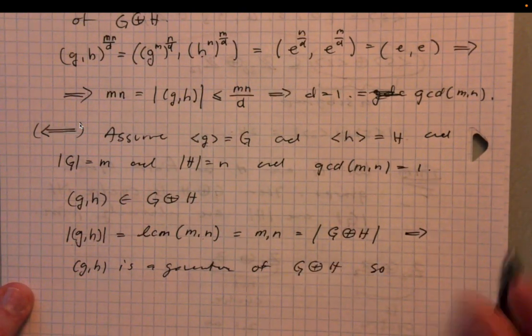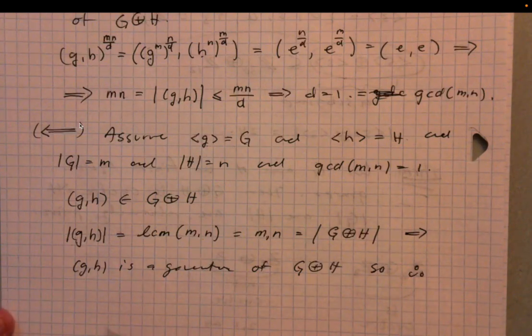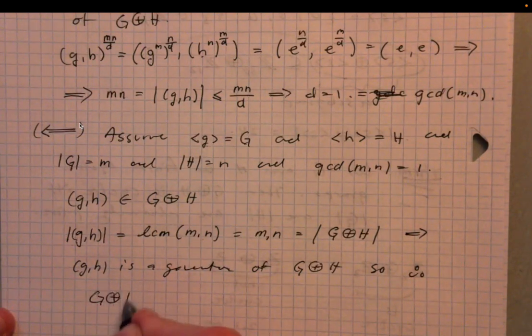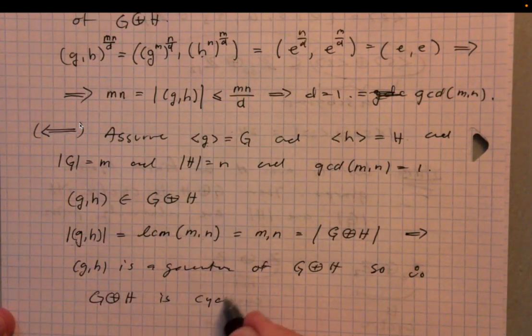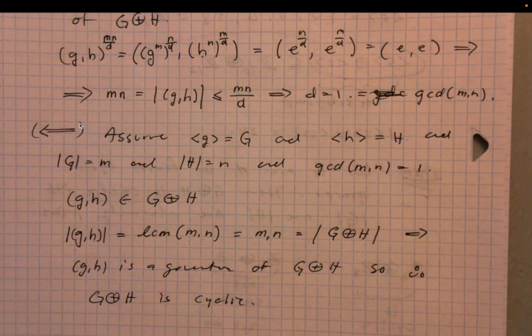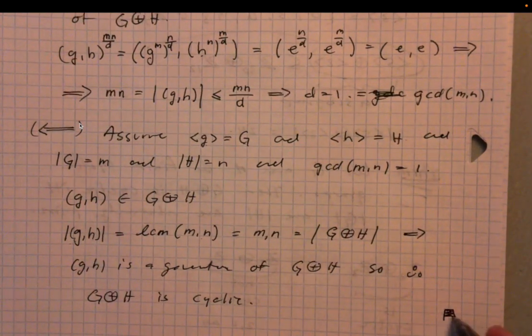And so therefore G plus H is cyclic. If we have relatively prime orders, then we naturally get a cyclic group. That's the bottom line there. And so that's both directions, and that is the proof. So that is the proof that tells you when you have a cyclic external direct product.